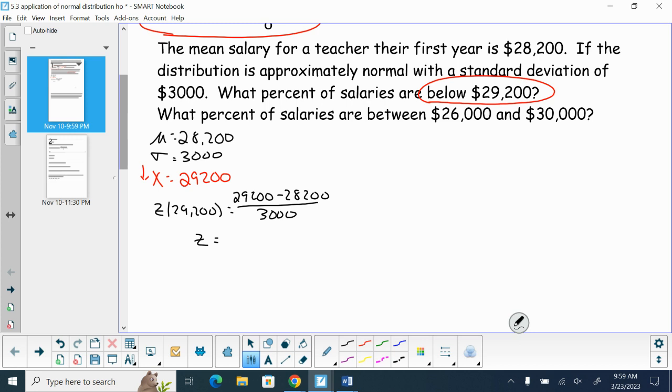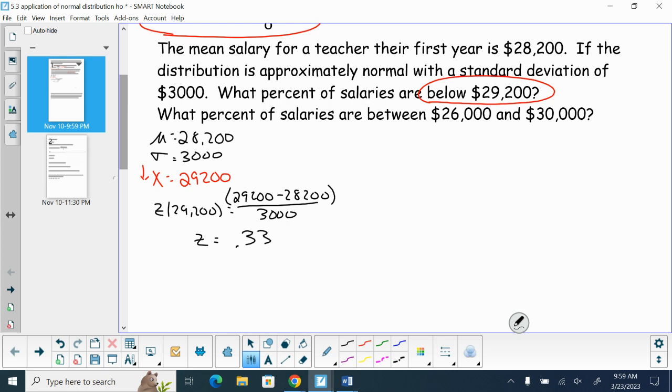Okay, so what do you come up with? Or you can just take 29,200 minus 28,200, hit enter, and then divide by 3,000. 3.33?